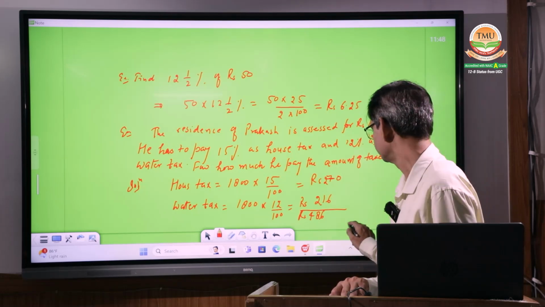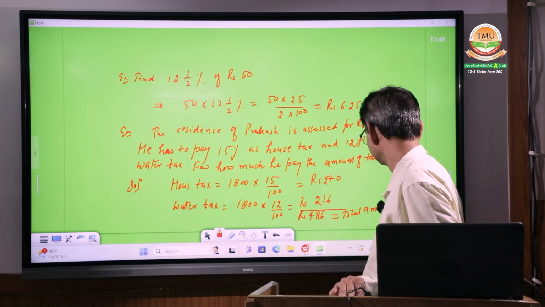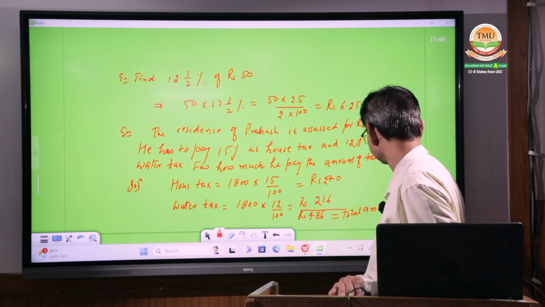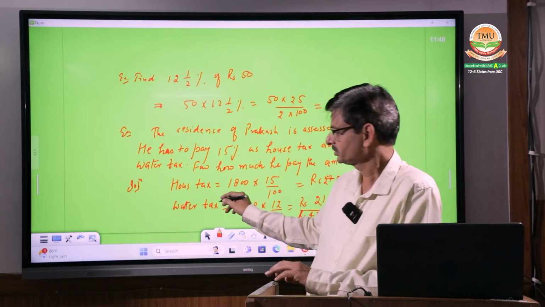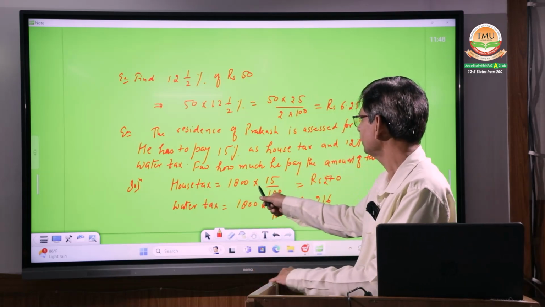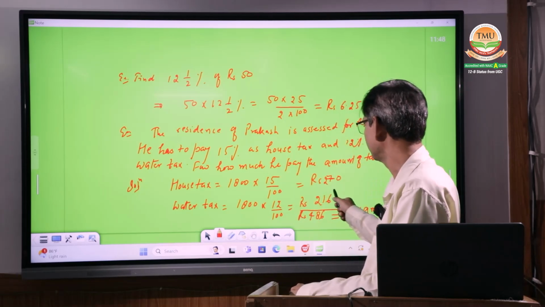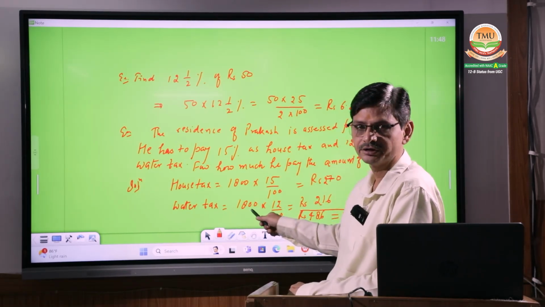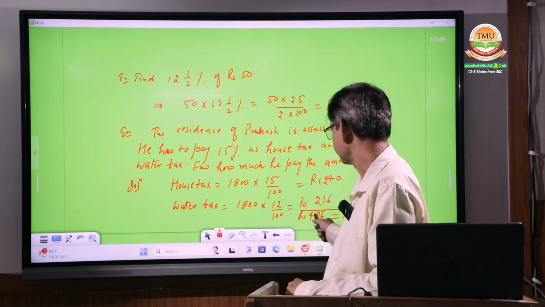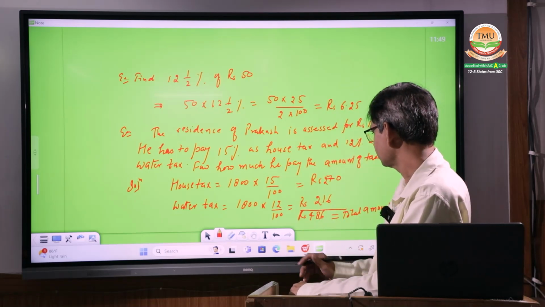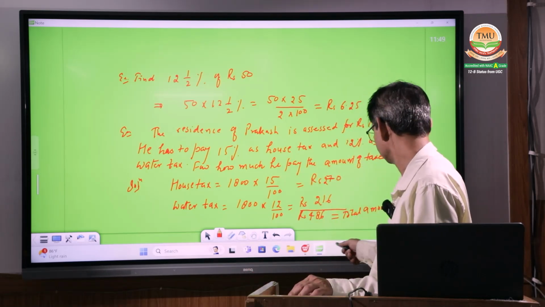This is the total amount of tax. And this is the solution of this question. The amount of tax is 486 rupees.